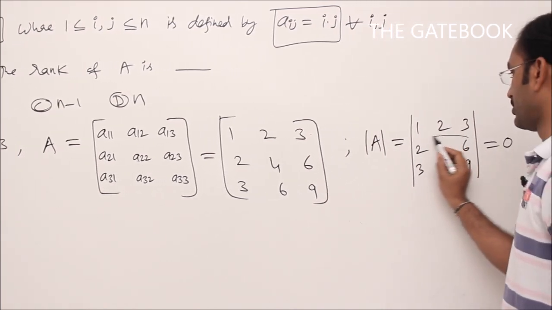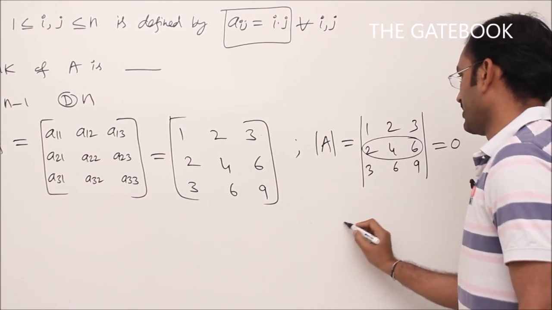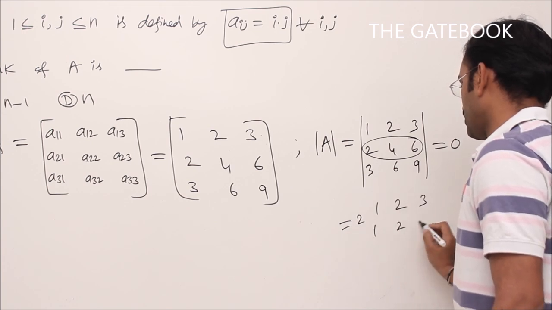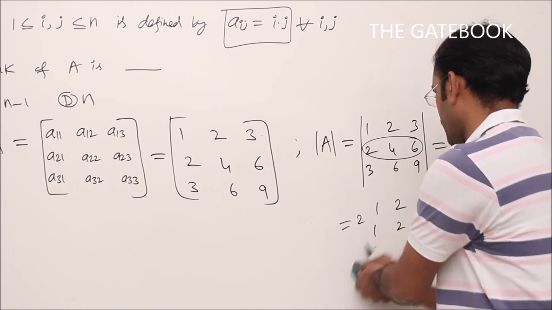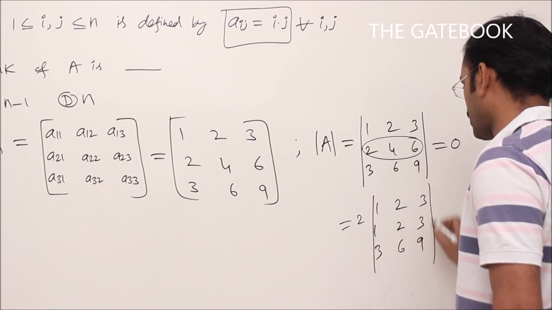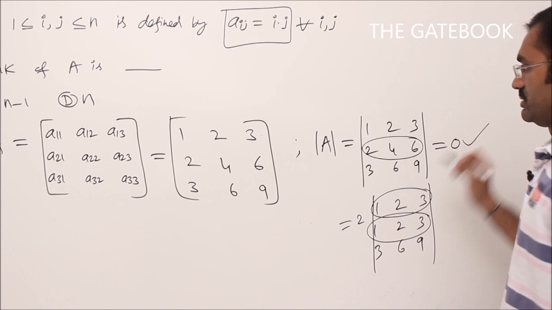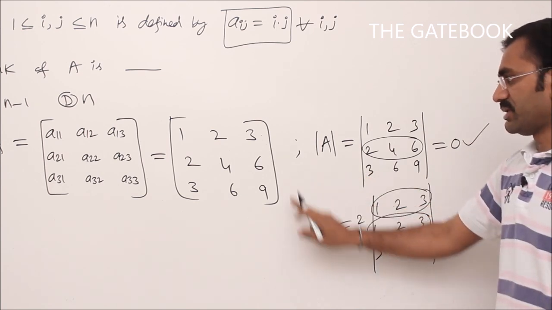Suppose you take element 2 common from the second row, it will be 2 into 1, 2, 3, 1, 2, 3, 3, 6, 9. So here first row and second row are identical. Therefore, determinant value 0. So if determinant value is 0, rank of that matrix cannot be 3.